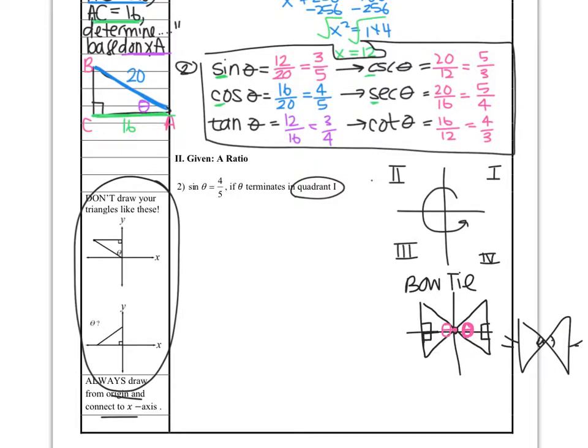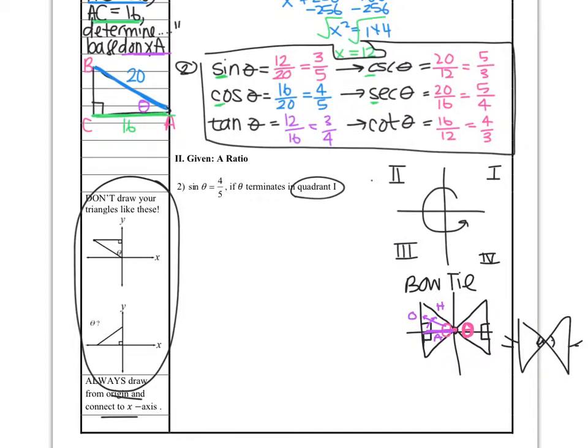And then you would just be able to label from there opposite, adjacent, and hypotenuse. I'm just going to label one triangle to give you an idea. Across from the right angle is the hypotenuse. Across from the given angle theta is your opposite. Right here along the x-axis will always be adjacent no matter what, as long as you've drawn your triangle correctly.